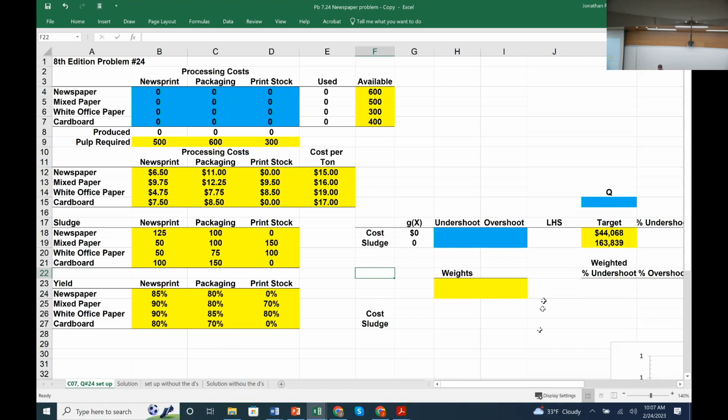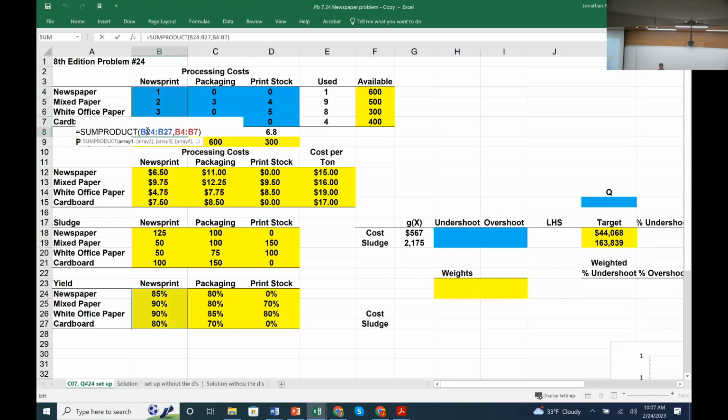Okay, so let me just put some numbers in here so that it's not all zeros. So that's the equation for production that I was referring to, which factors in these yield rates, whereas the amount used is a simple sum across.